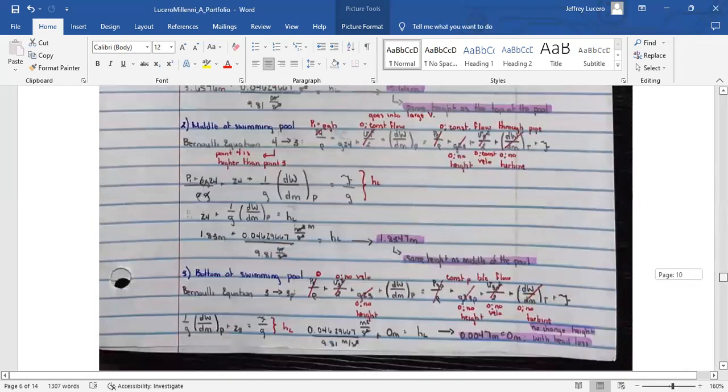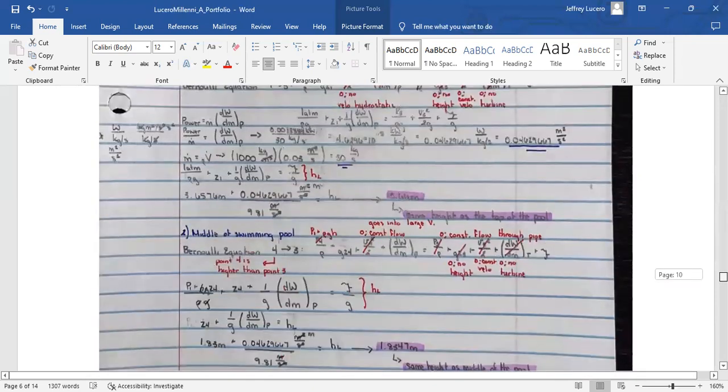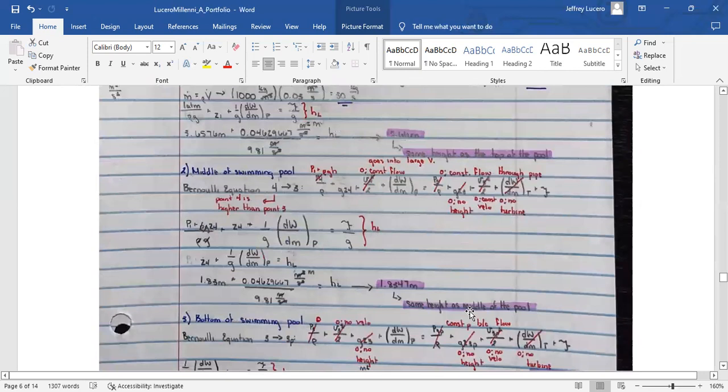We can do the same thing for the middle of the swimming pool. We know that P4 is P1 plus rho g h. We know that the volumetric flow rate is at a constant flow because it's exiting a pipe and going into a larger area, a larger volume.